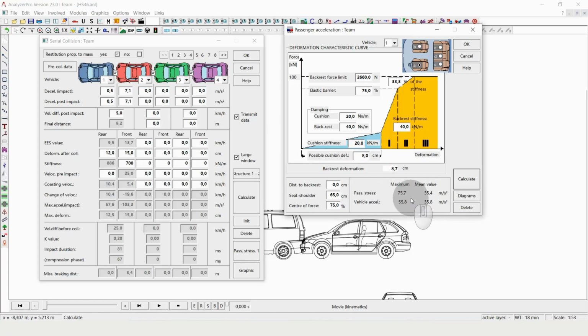Because when the car gets hit, the first thing that happens is that the passenger gets pressed into the seat, and the seat acts as a spring. So it will first slow down the acceleration of the person, but then it will jump forward and accelerate the passenger even more.